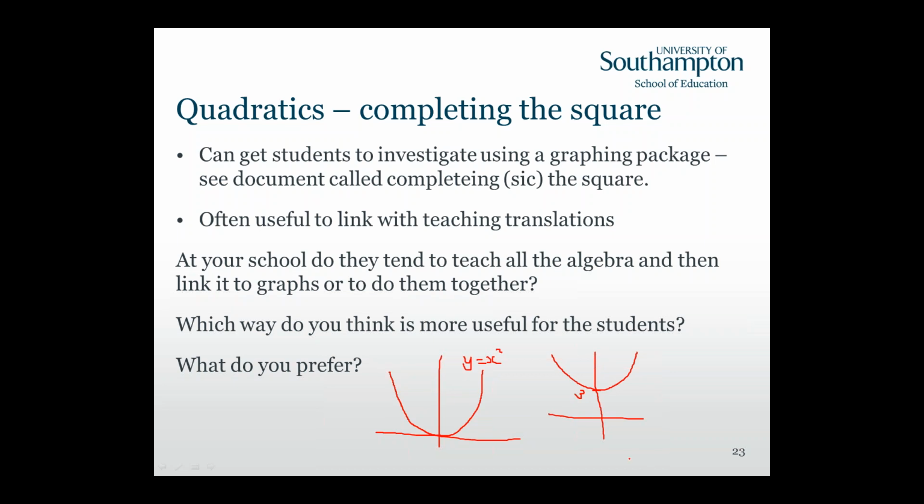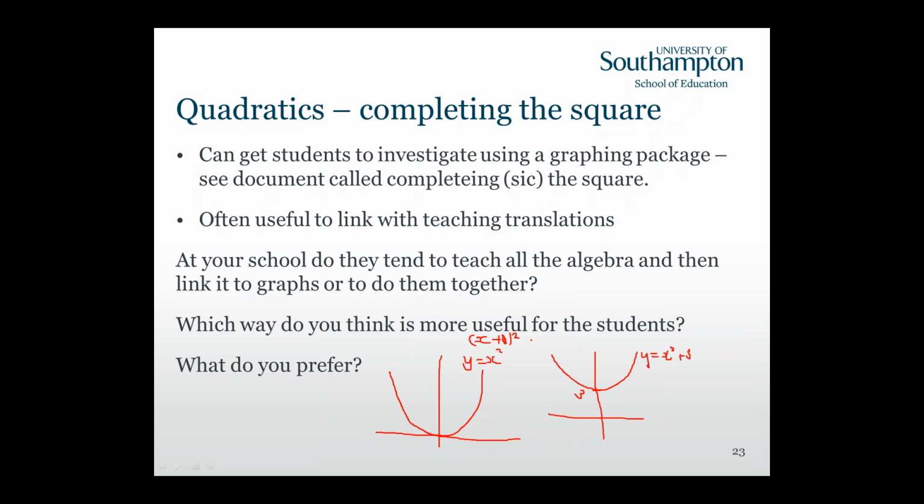This is going to be x squared plus 3. Exactly, yeah. So we've just moved it up 3. In particular, the vertex has moved from 0, 0 to 0, 3.